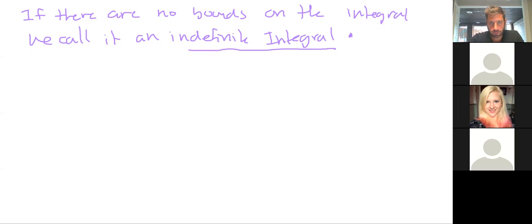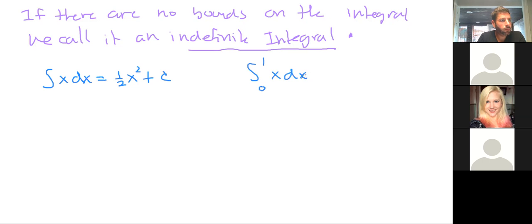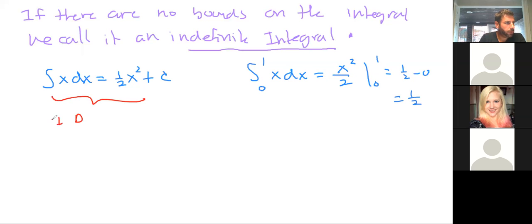So again, let me just say something real clear. Let's write this down. If I write integral x dx, we know what this is. It's 1/2 x squared plus c. You can verify it. And then over here we have, so this is called a definite integral, or excuse me, indefinite, excuse me.